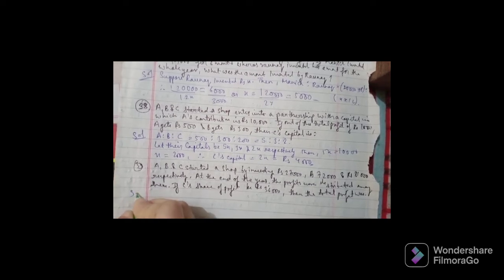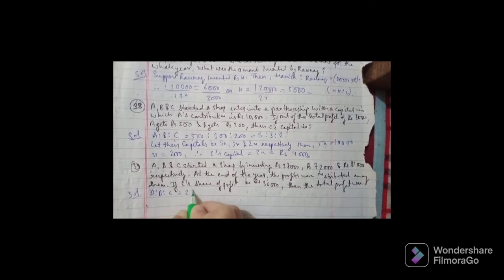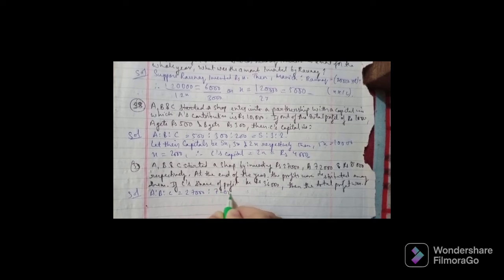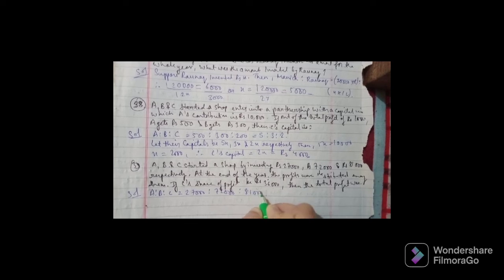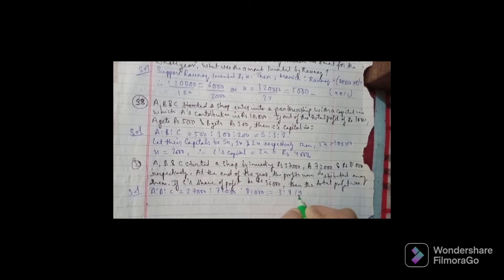So here we go. A ratio B ratio C equals 27,000 ratio 72,000 ratio 81,000, which equals 3 ratio 8 ratio 9.